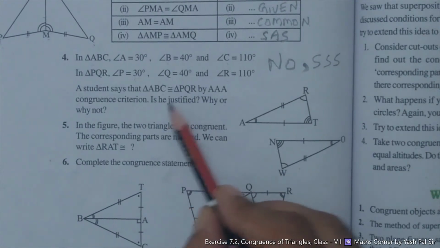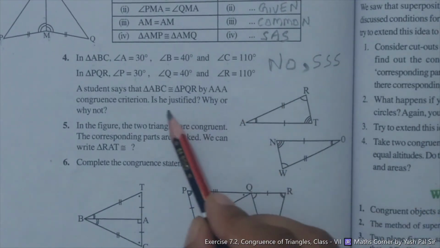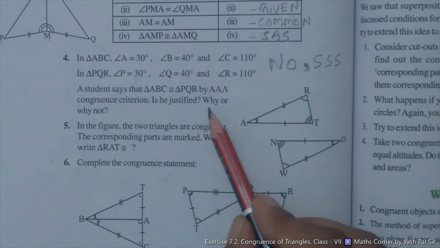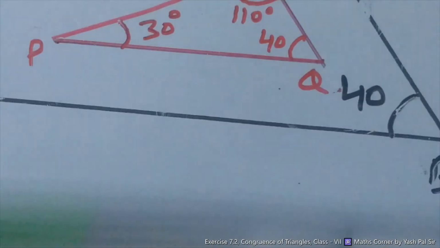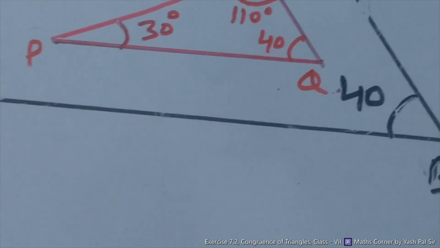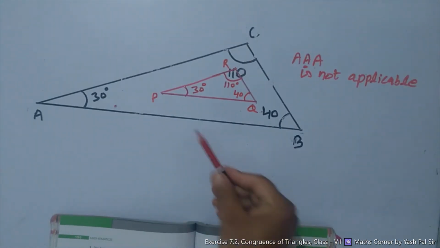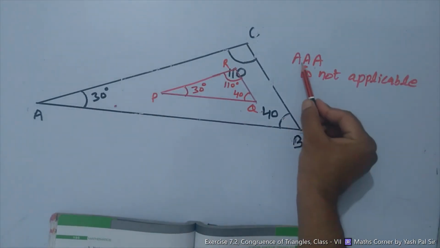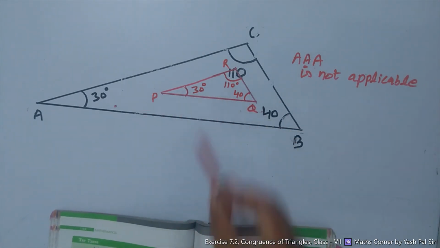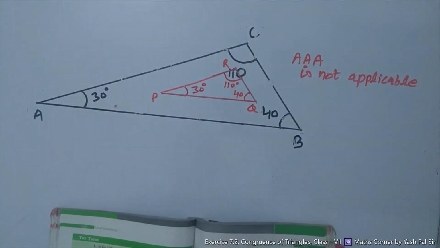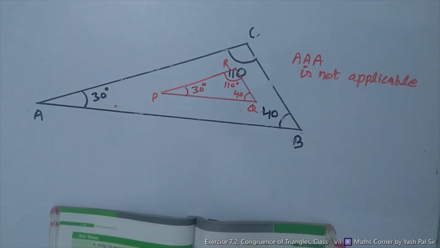Is he justified? So our answer is no. The student is not justified. The reason behind this is we have prepared this diagram. It says that the angles are equal, but these two triangles are not congruent.